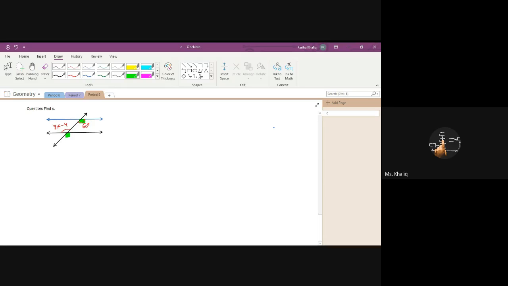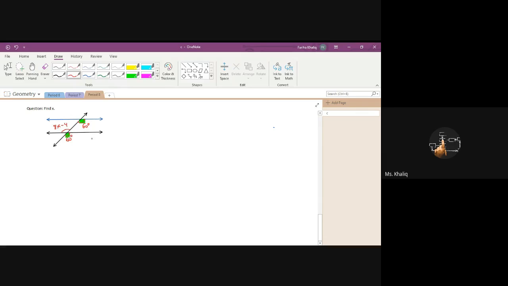And then, because I need to solve for x, is there anything I can find out as far as the relationship between these two angles? Yeah, absolutely. They're opposite to each other, and opposite angles are congruent. In other words, they're equal to each other. So I can say 8x minus 4 equals 60.